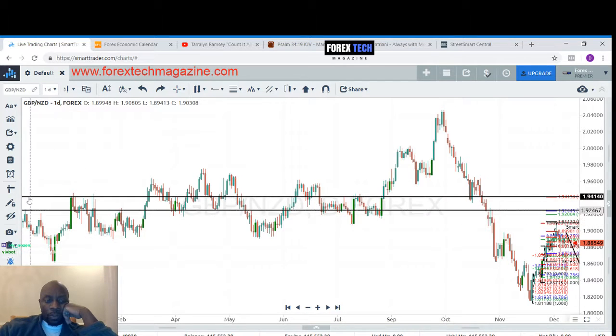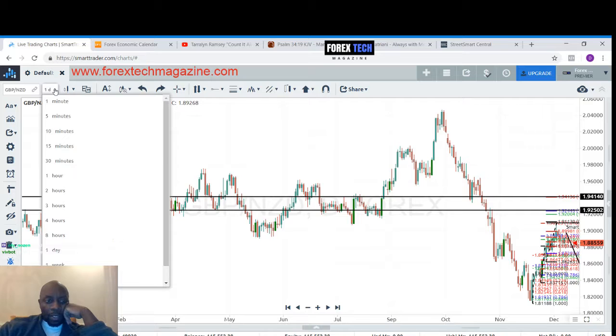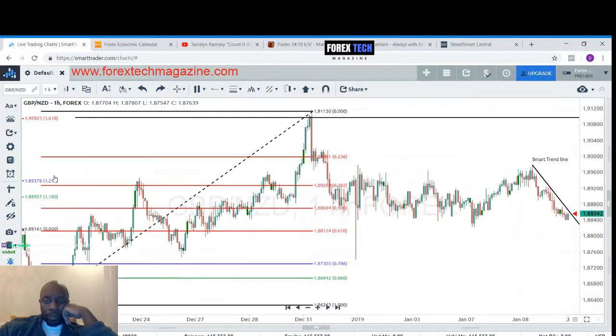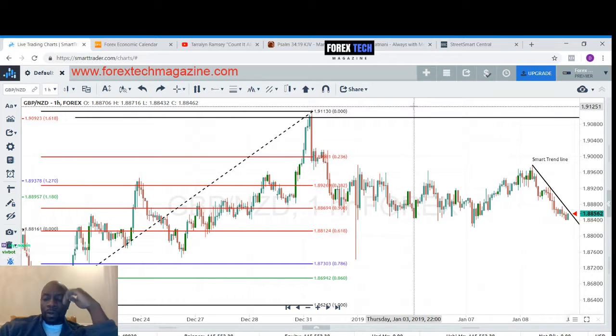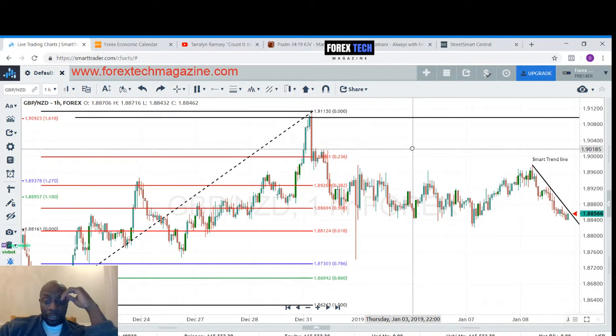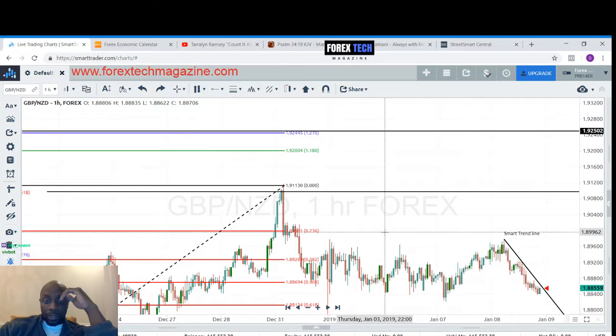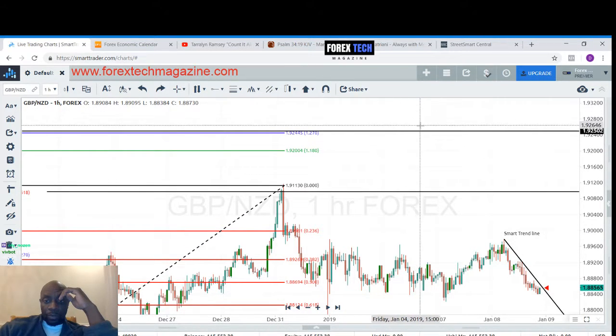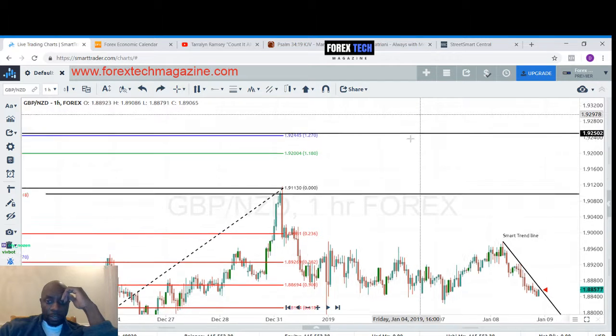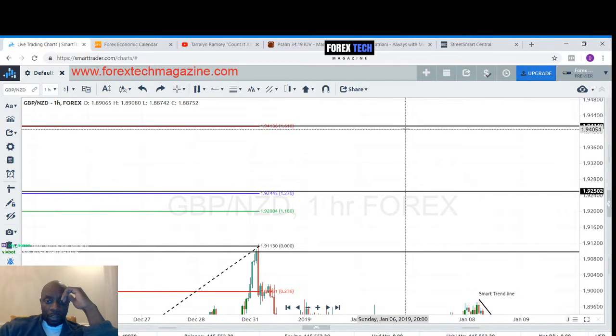So what you may want to do because of that is put your initial target up at the support slash resistance area, right? And then once price is able to break through that and you get confirmation with another bar that's still bullish, then you might want to place your next target at this area, and the same thing: once price breaks through and you get a confirmation candlestick that's bullish, then you can look to place your target up here at this area.